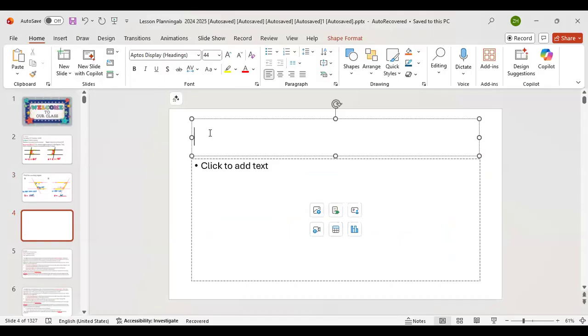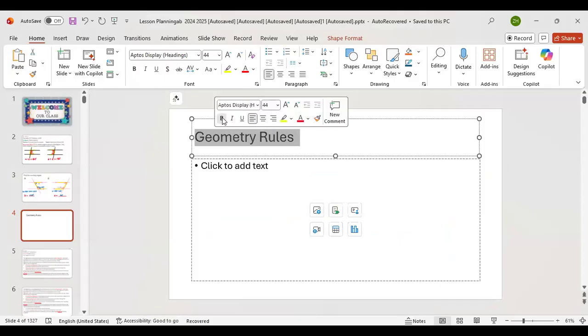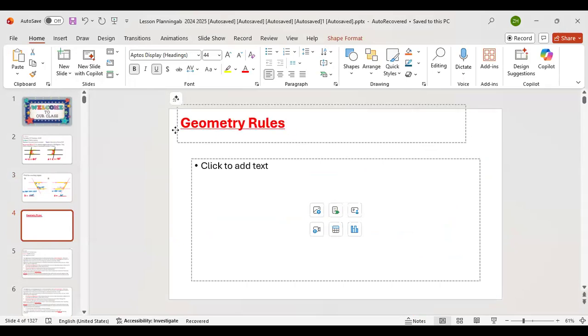So these are the geometry rules that we went over. Let's write them down. You should know these by heart.